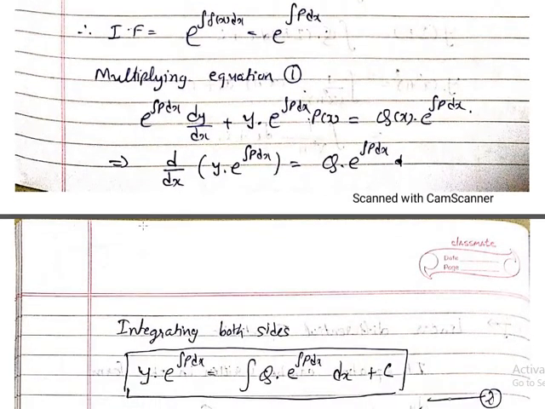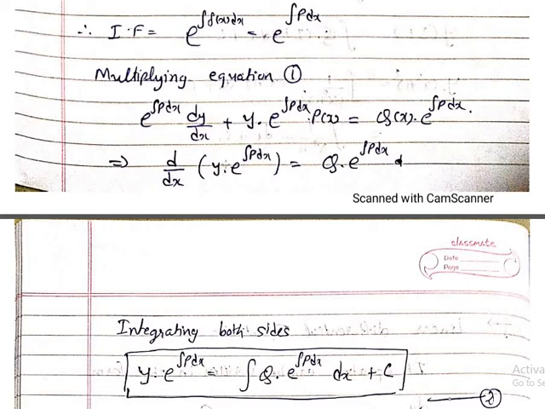Now multiplying equation 1 by the IF, that will give e raised to integral P dx into dy/dx plus y into e raised to integral P dx into P is equal to Q into e raised to integral P dx. Now see, this is basically the derivative of y into e raised to integral P dx.